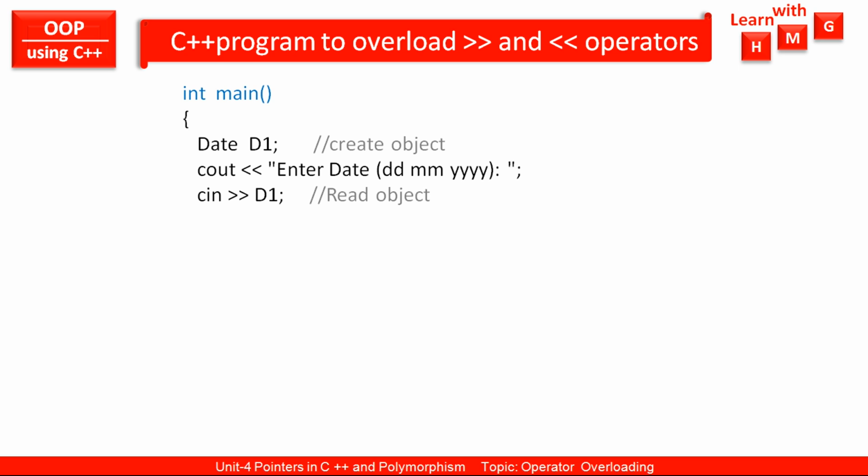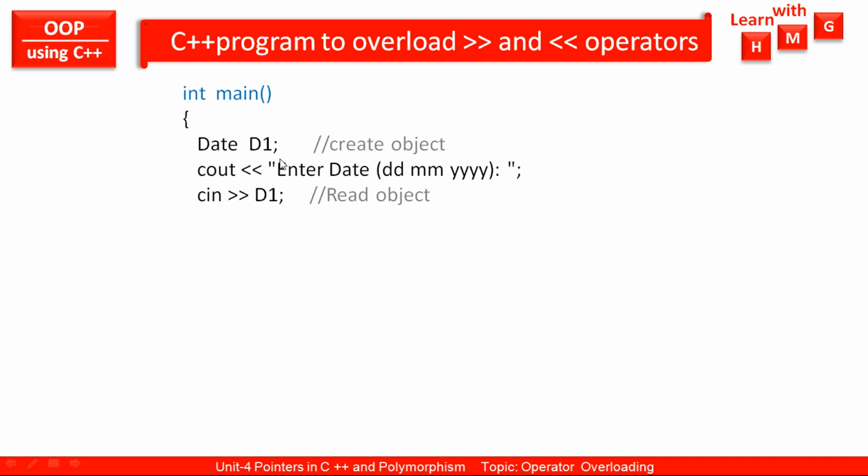So like this, here it is performing the operation on object d1. Instead of a variable we are directly using d1, that is cin >> d1, and in this way the extraction operator is overloaded here with the use of the d1 object. So we are directly reading d1. Generally we perform this operation using our input member function like d1.getData.